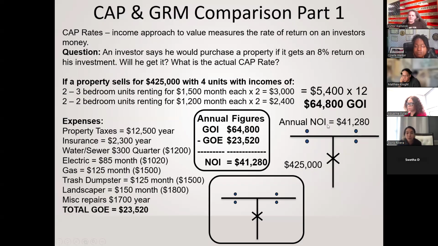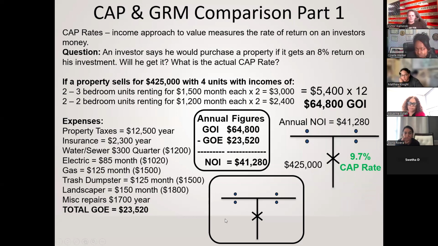So the annual net operating income, 41,280, divided by 425 will give us the cap rate, right? Yes, of 9.7. Is that what you got? Okay. Now for the same property, what's the gross rent multiplier?